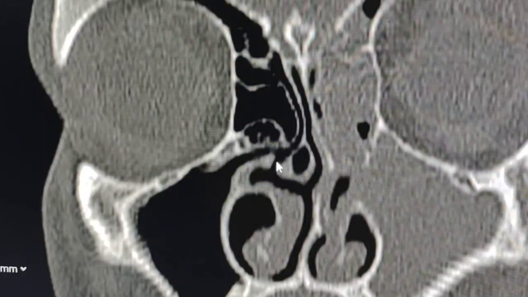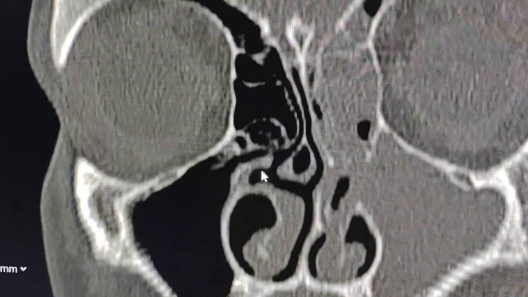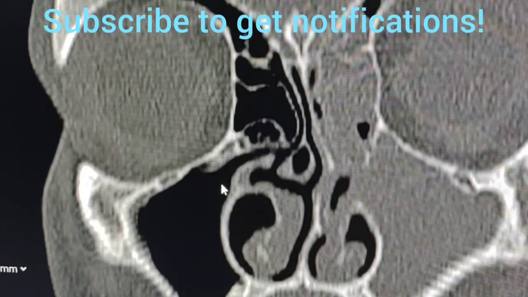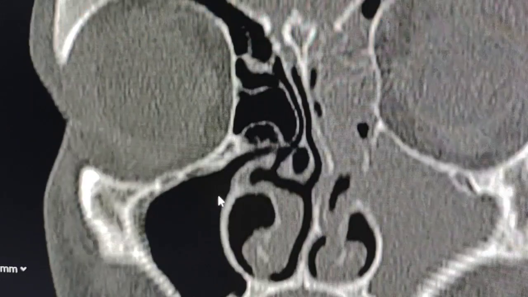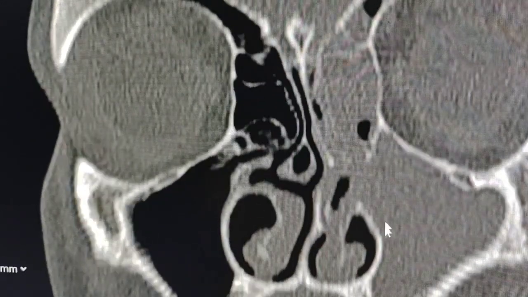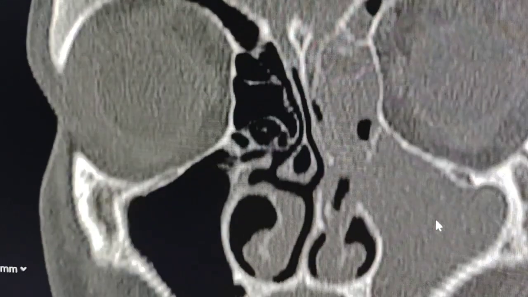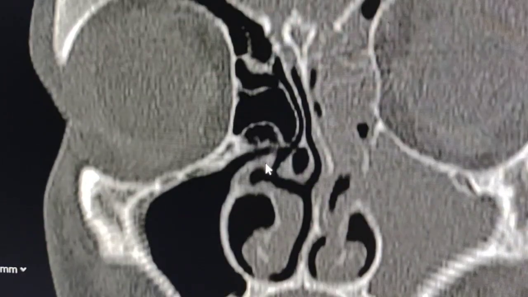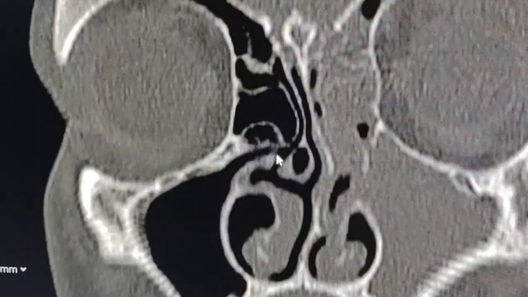Comparing the left with the right, we can see that on the right side the osteomeatal complex shows sufficient patency, and the right-sided paranasal sinuses are very well aerated, in contrary to the left side. As you can see, all the passages here are patent.